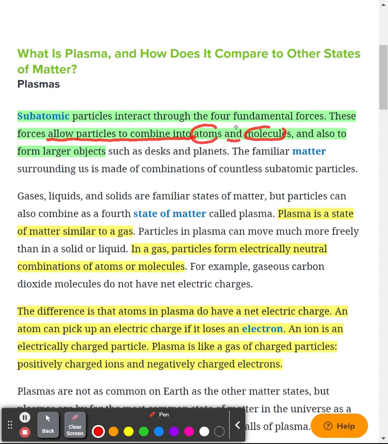These are the things that make up you and I, and the desk you're sitting at, the TV you're watching. All of these are made from subatomic particles. We're talking about protons and neutrons and electrons and quarks and neutrinos. And all of those are interacting based on electromagnetism, gravitational forces, and strong and weak nuclear forces.